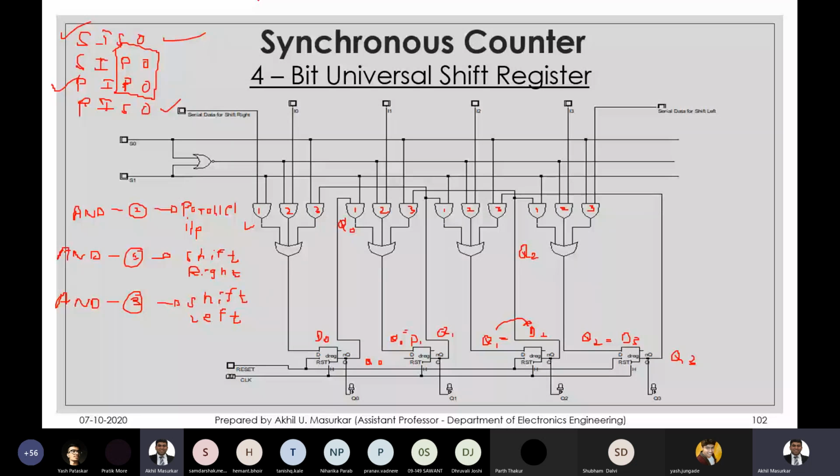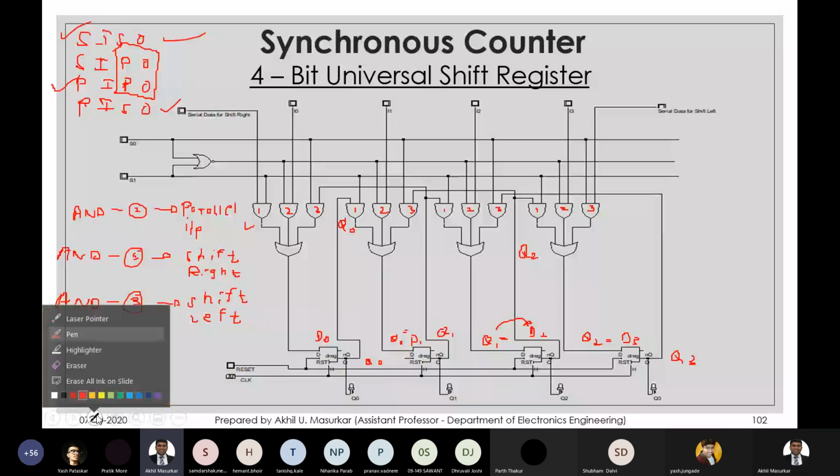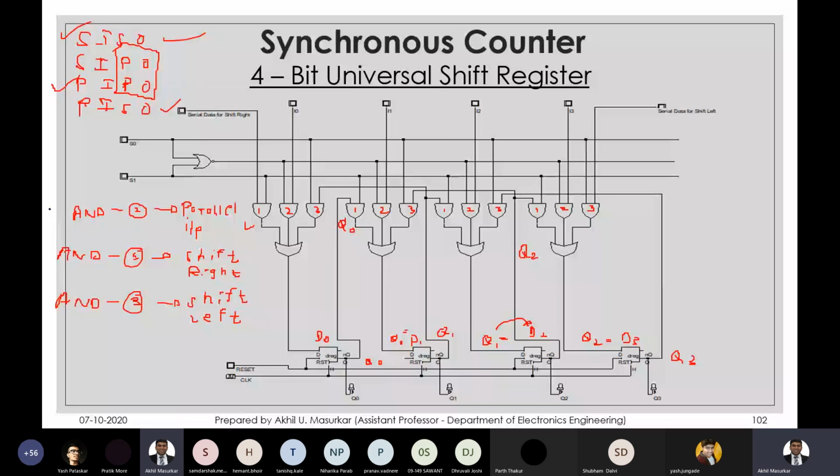To input the data serially, you require 4 clocks. And to parallelly input the data, you require just 1 clock. Parallel out operation is just the observation operation. So that is why AND gate number 1 supports parallel in.